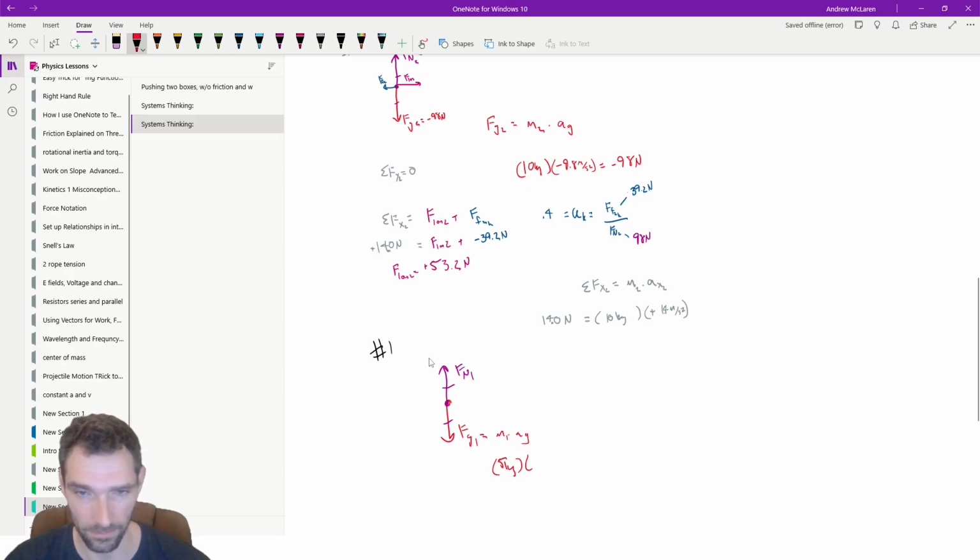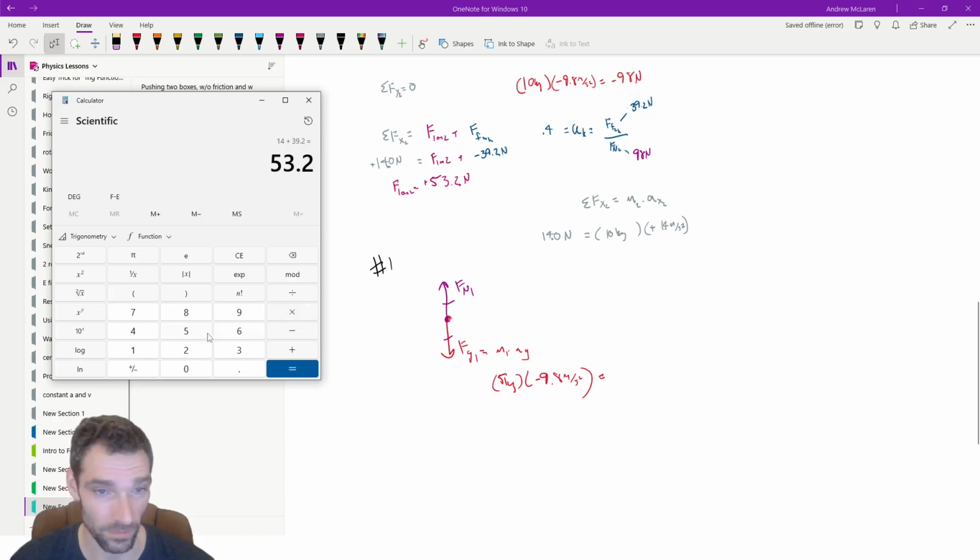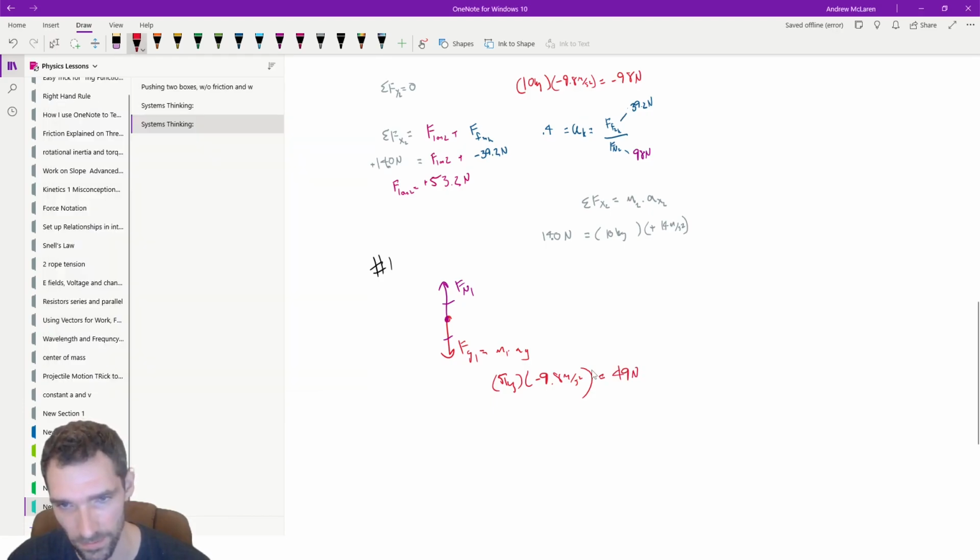It was going to, without anything else, fall at this acceleration, but there's a table holding it up, so that's not going to really be the case. But we can get the newtons at least. 5 times 9.8 newtons, we get 49 newtons down for that force of gravity, meaning the force normal is a positive 49 newtons.